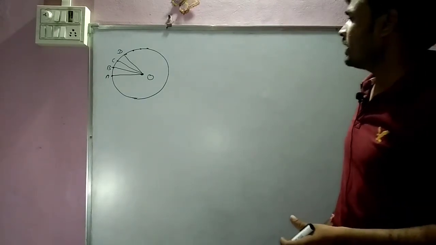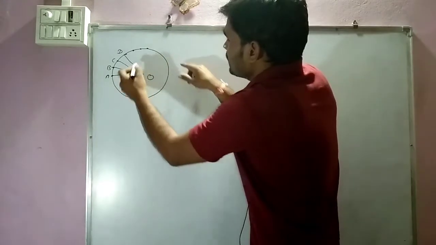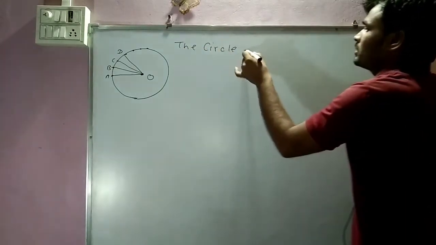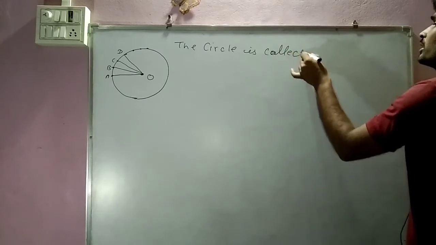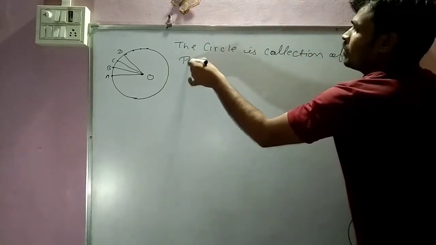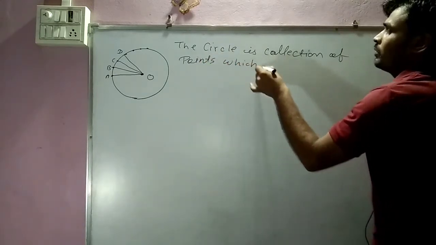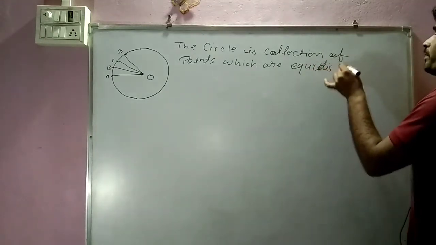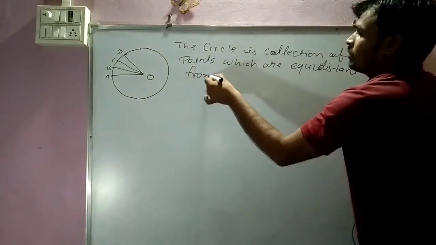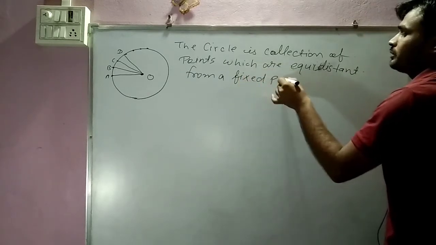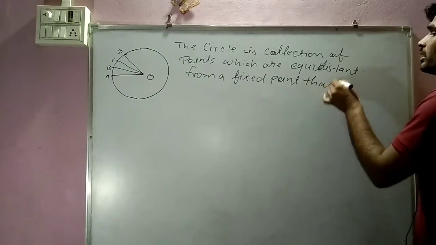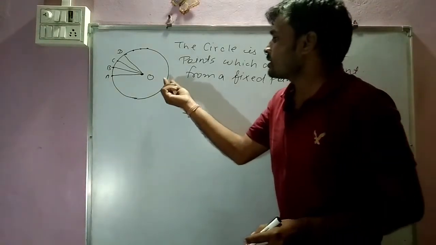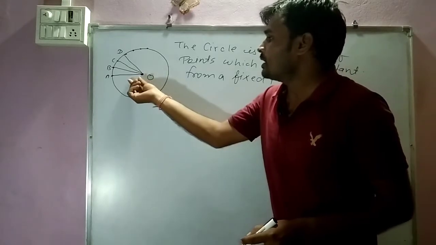Then we can define the circle: the circle is a collection of points which are equidistant from a fixed point. That is called a circle.